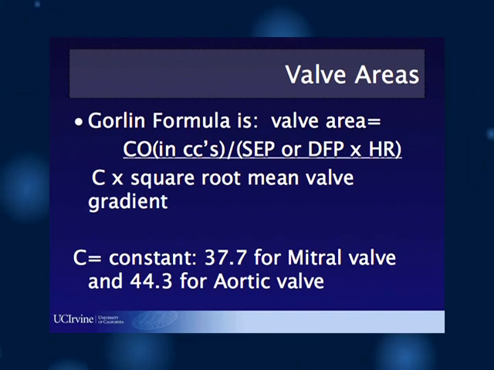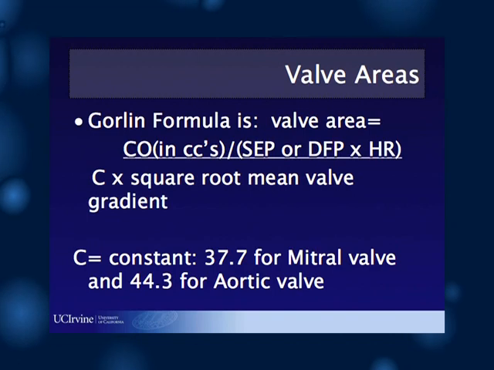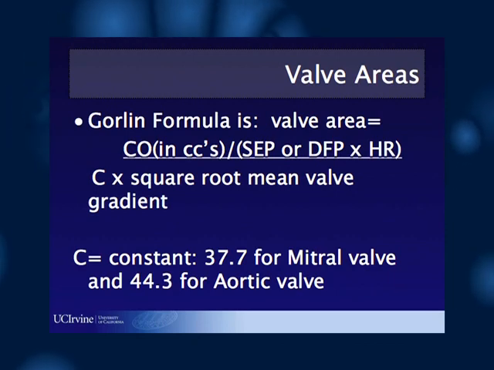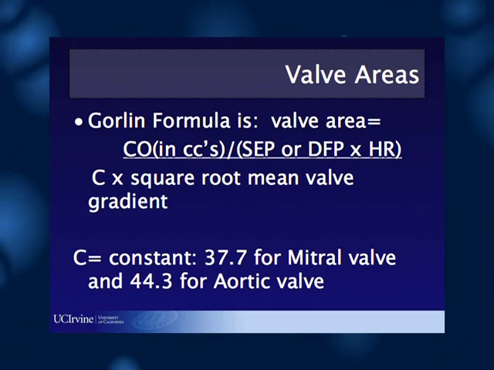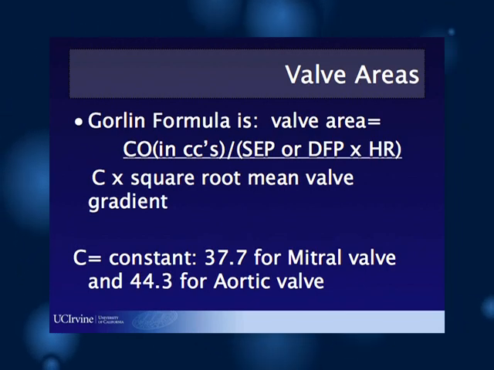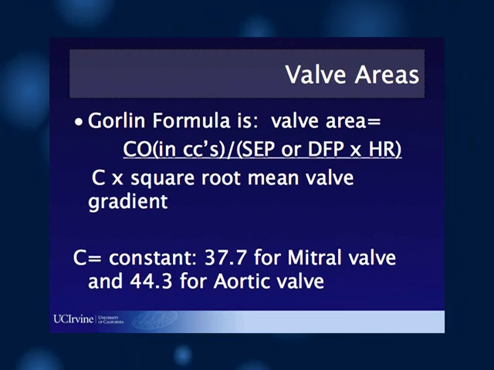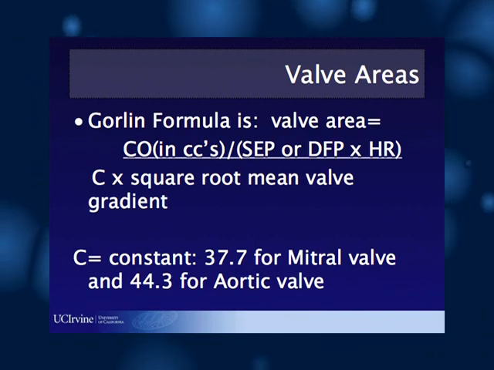The Gorlin formula calculates valve area using cardiac output, and this value is reported for either the systolic ejection period for aortic valves or for the diastolic filling period for mitral valves. This fraction of the cardiac output for the cardiac cycle in which the gradient is generated is multiplied times the heart rate.